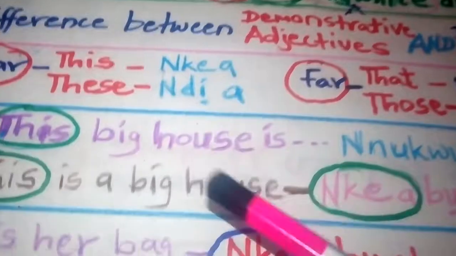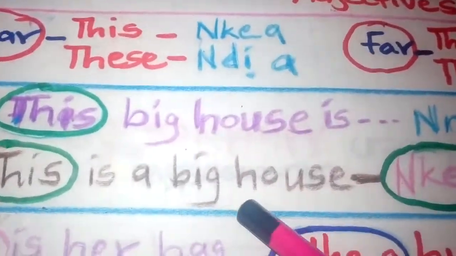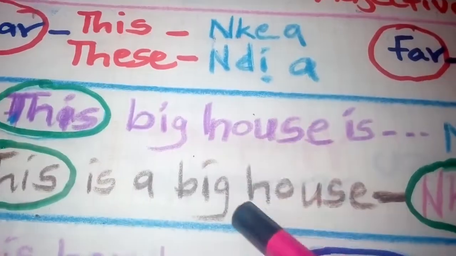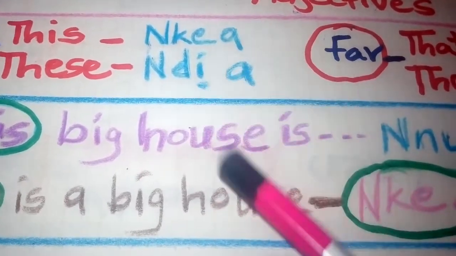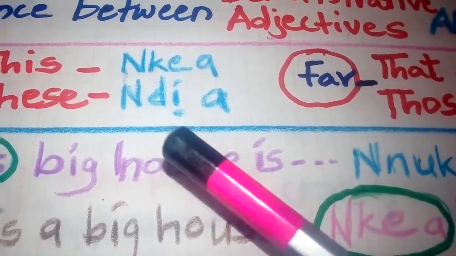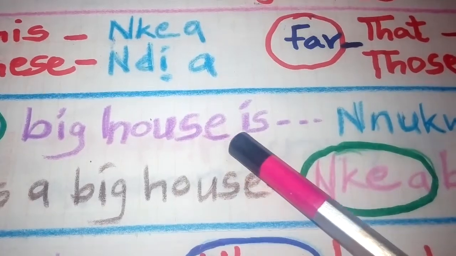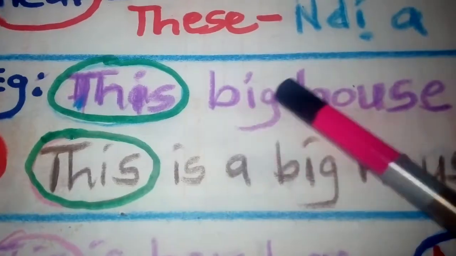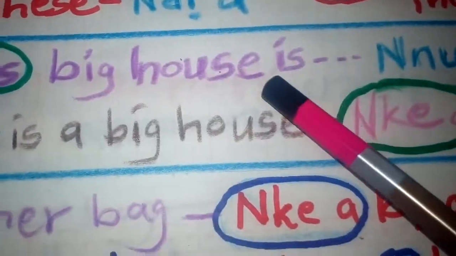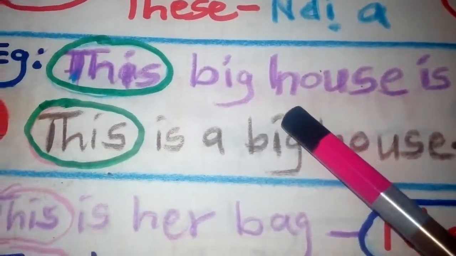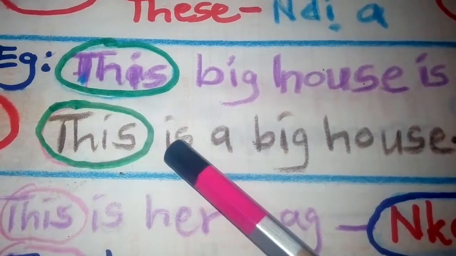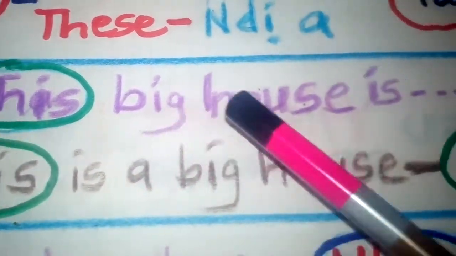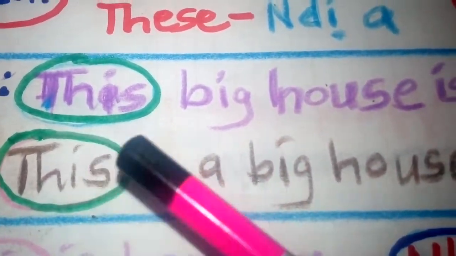In English language, demonstrative pronoun and demonstrative adjective are placed before the noun or pronoun they are trying to describe.